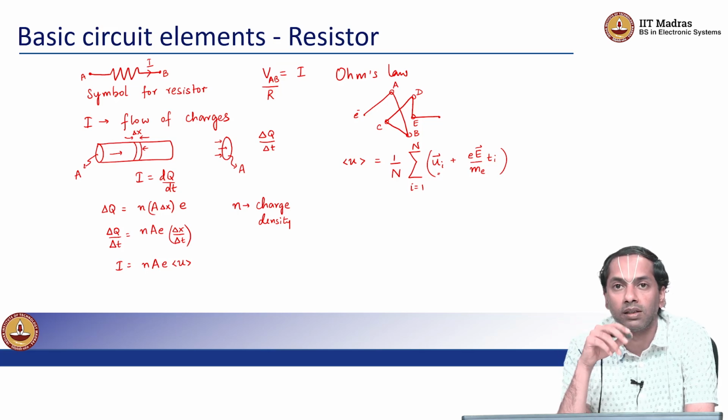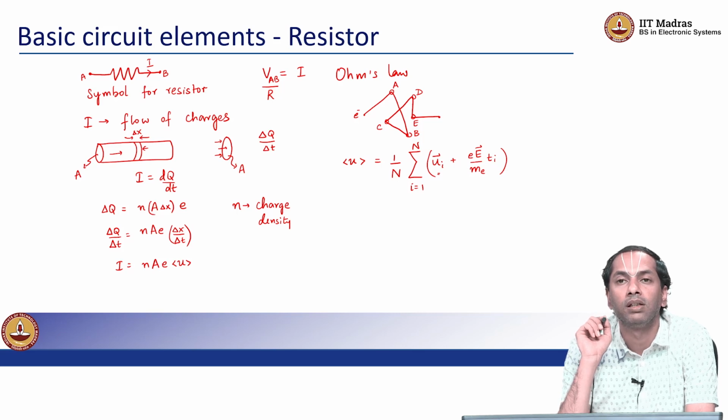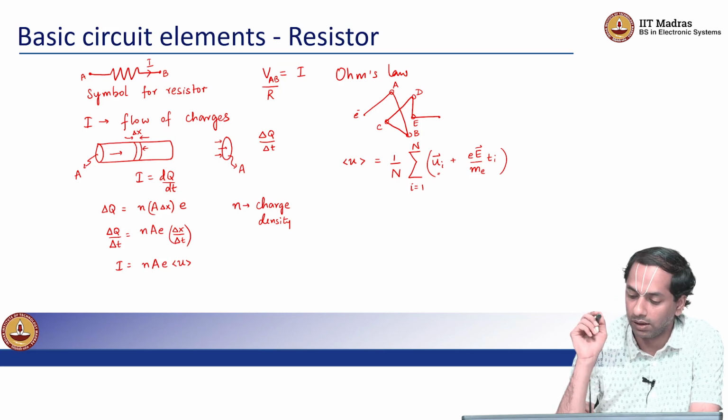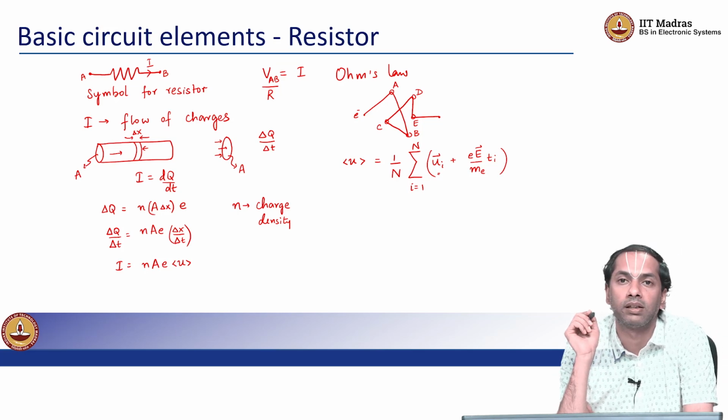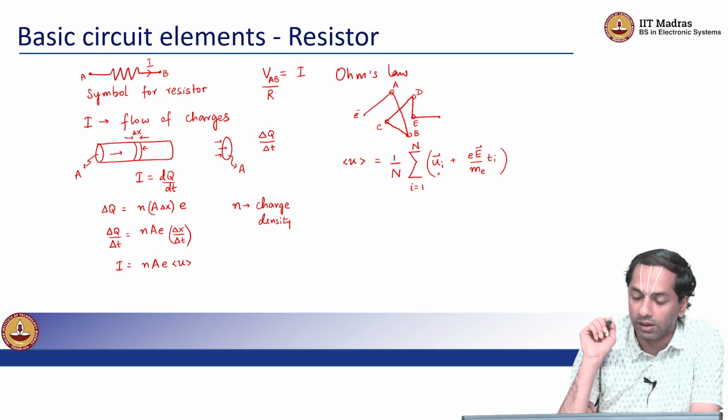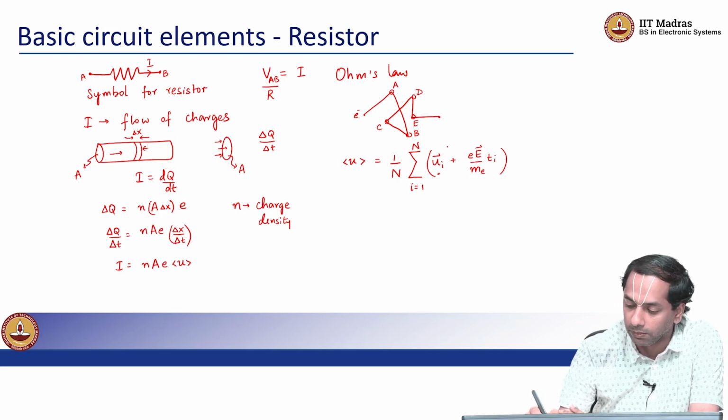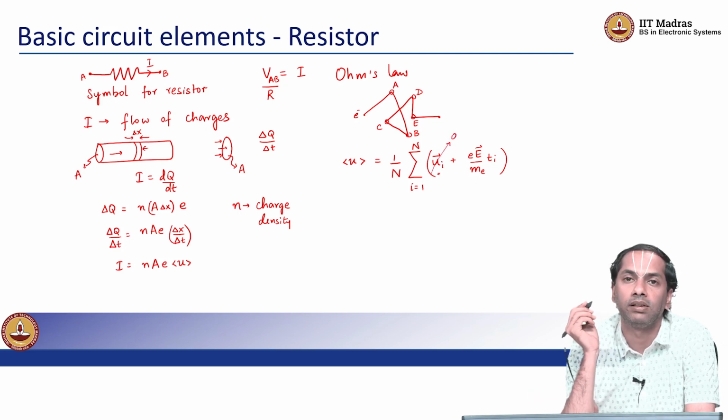So, we assume that these initial velocity vectors u_i are essentially scattered uniformly around the 2 pi, when looking at several scattering events put together. And so, we can say that the vectorial sum of all of these initial velocity vectors is 0.